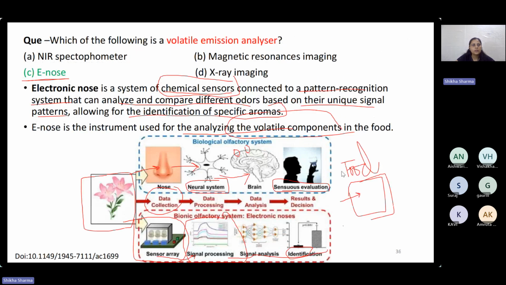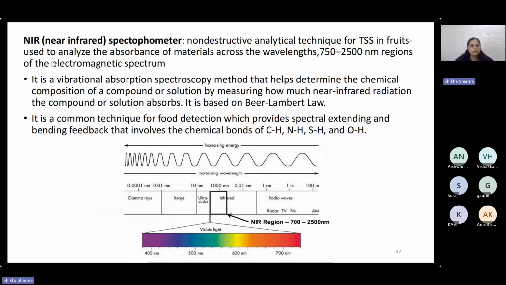Now the other techniques. Let's see NIR, which is the near infrared spectrophotometer. What is this and how is it useful in food? It is basically a non-destructive technique which is used to analyze the TSS of the fruit sometimes.